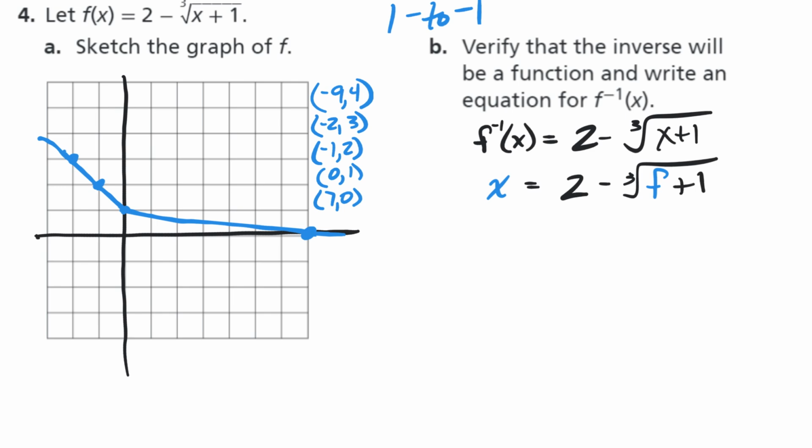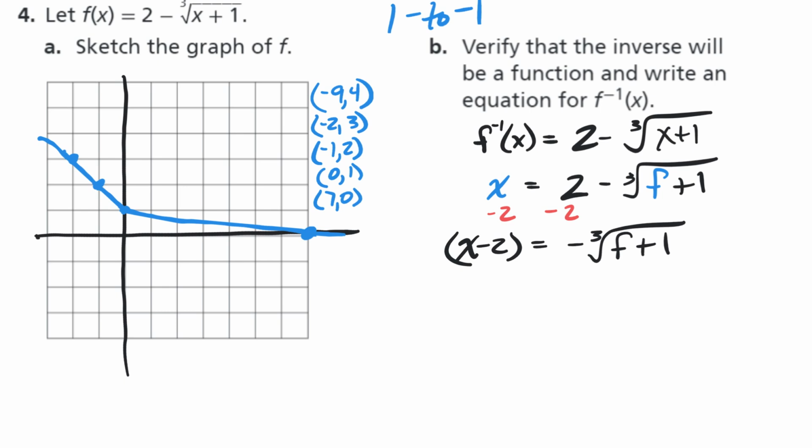Again, we start with the outermost stuff. The outermost thing that we see here is outside of the radical, which is a 2. It is a positive 2, so I remove it by subtracting 2. That negative sign was not attached to the 2, it was attached to the radical, so it's very important that you recognize that.